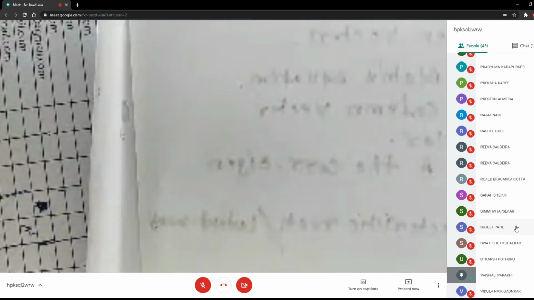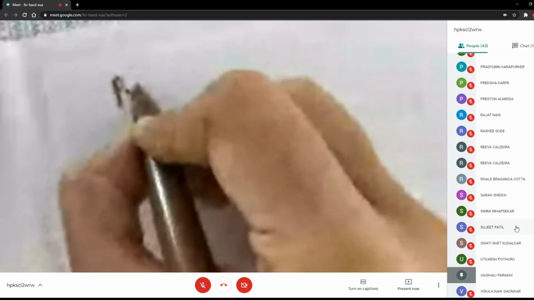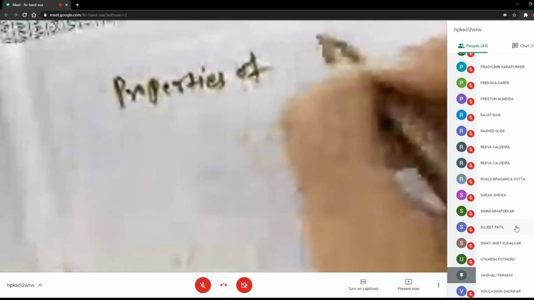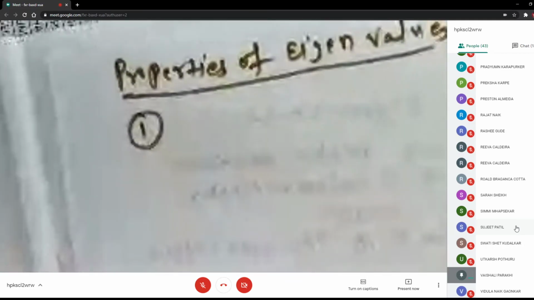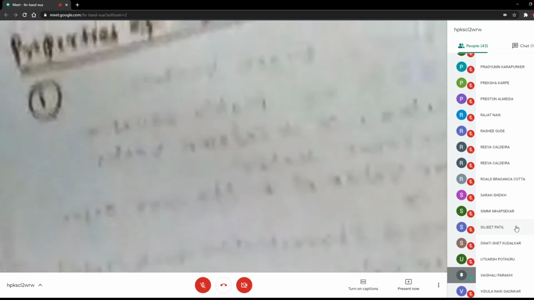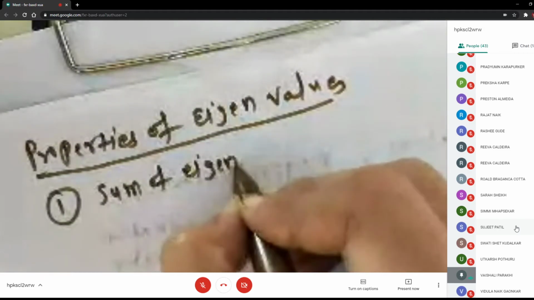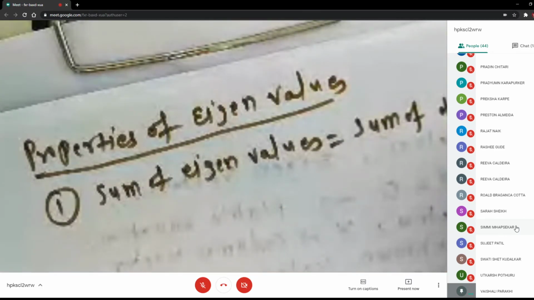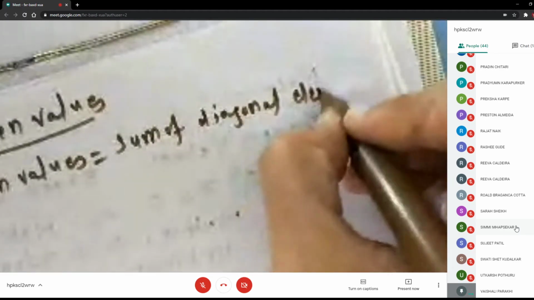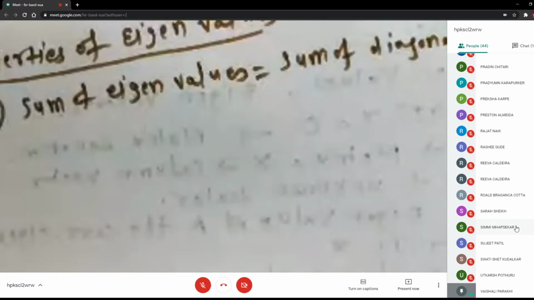The first property is the same property which we were using to verify: sum of eigenvalues is equal to sum of diagonal elements. That is the first property, students. Okay?